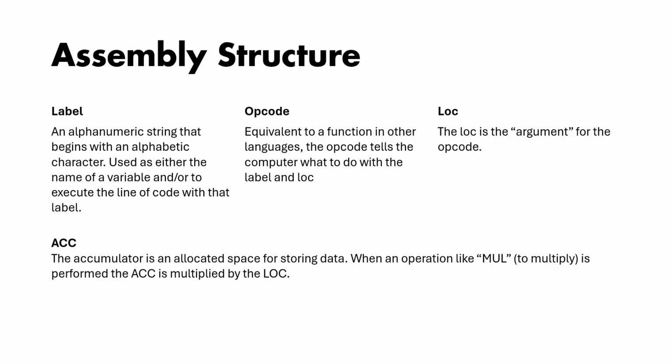The accumulator is a special location in the execution environment of our assembly program. We do have opportunities to store data in specific variable names, but the accumulator is basically a variable that is omnipresent in any assembly problem that you're going to see.